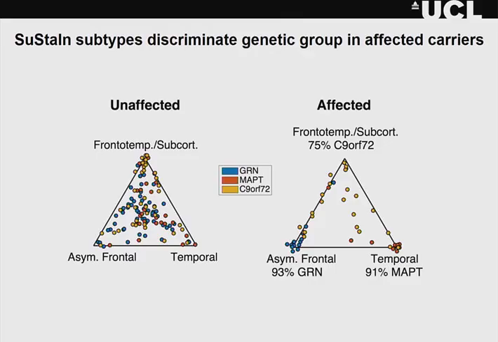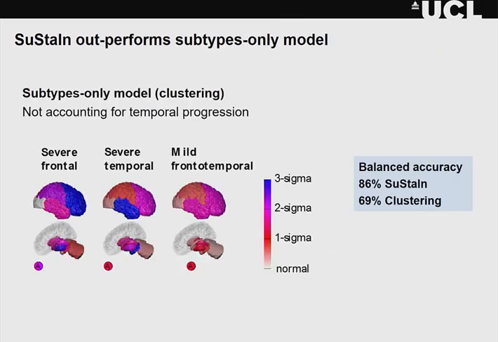We have 93% of the carriers of mutations in progranulin being assigned to the asymmetric frontal subtype, 91% of the MAPT carriers being assigned to the temporal subtype, and 75% of the C9orf72 mutation carriers being assigned to either the frontotemporal or subcortical subtype.